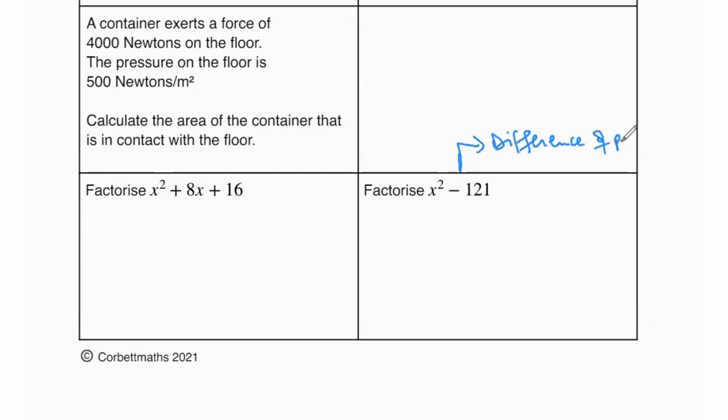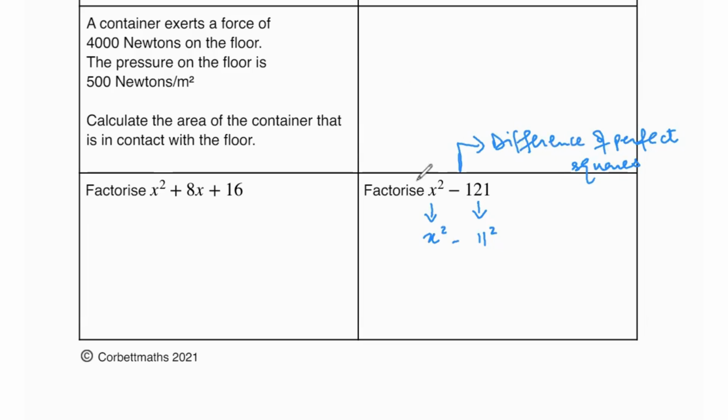Difference of perfect squares basically means subtracting two perfect squares. As you can see, x squared is a square term and 121 is 11 squared. So we're subtracting two perfect squares.